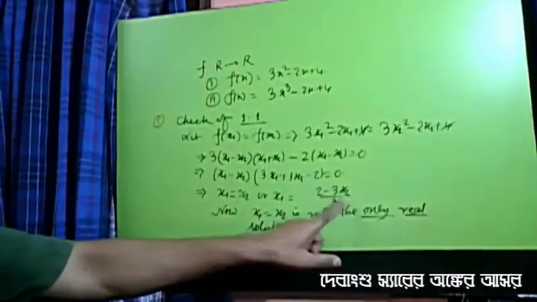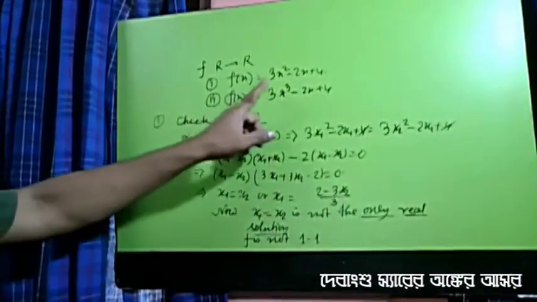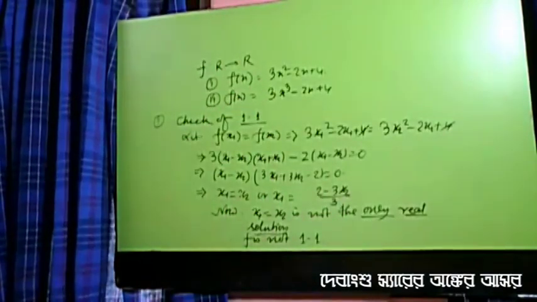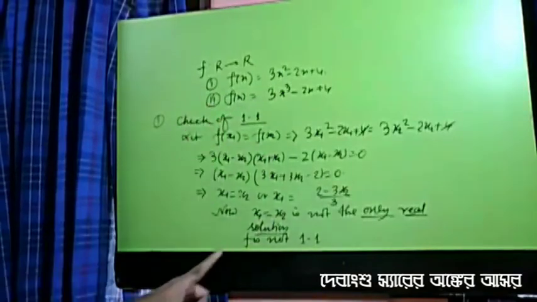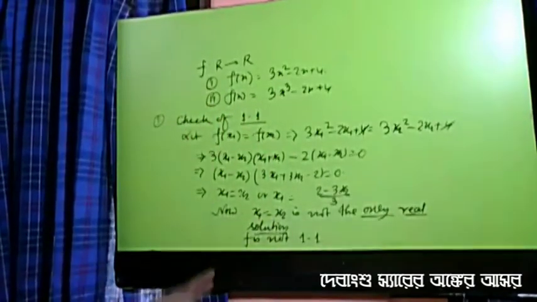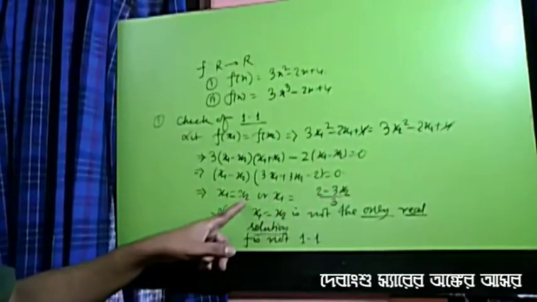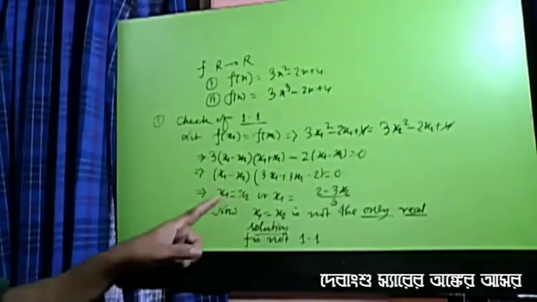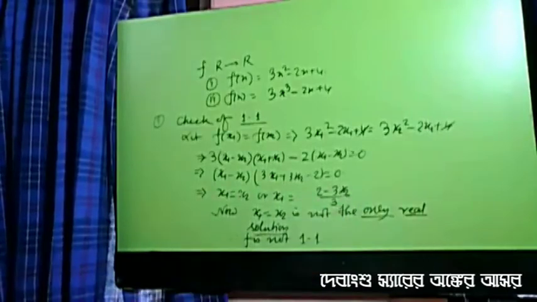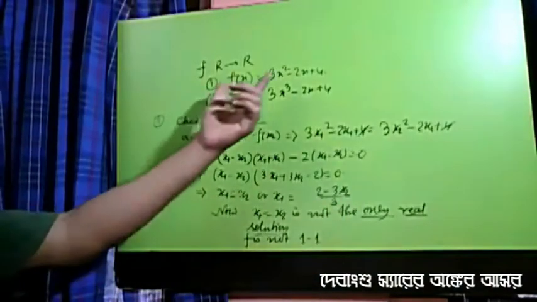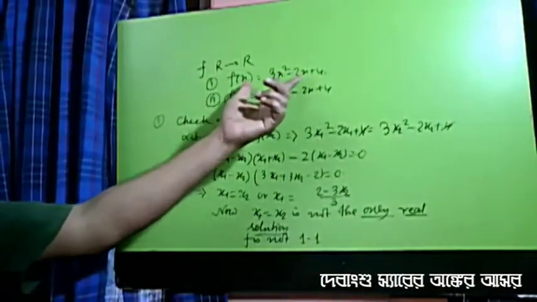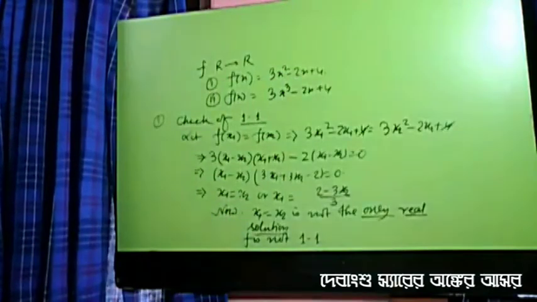So 1 and minus 1 by 3 have the same image. That's why this relation is not one-one, because this is not the only real solution. There is another real solution. So this mapping is not one-one.